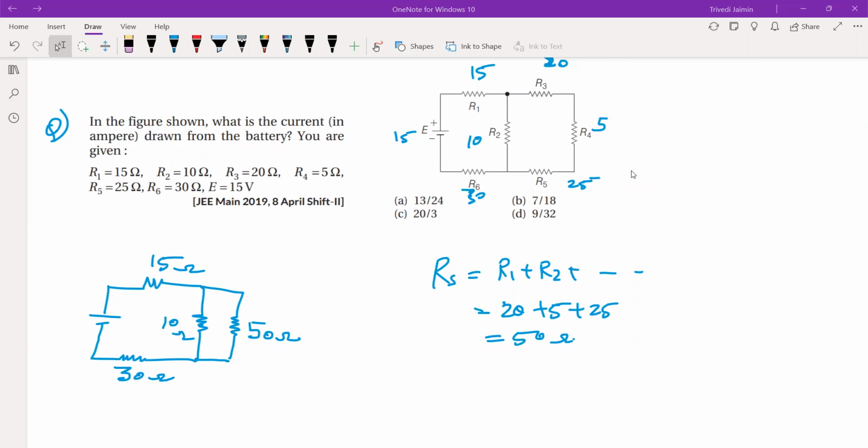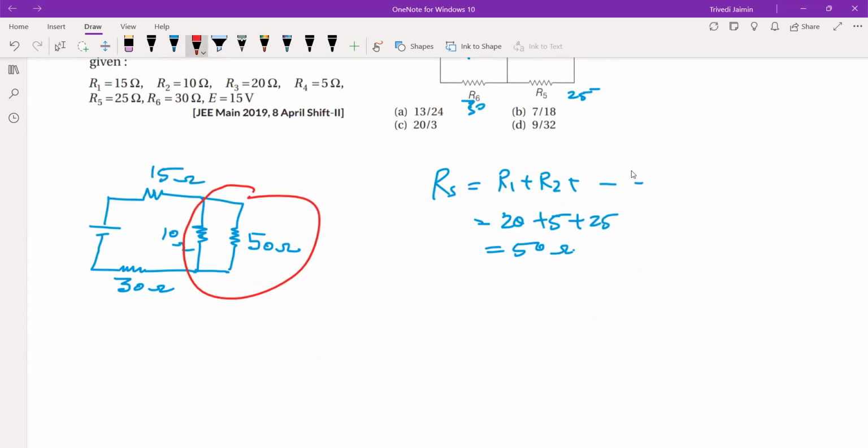Then what you'll do? These two are parallel. So for parallel, what's the formula? Anjali, do you remember the parallel formula? In 10th grade? 1 by R1 plus 1 by R2, 1 by R3, like that.